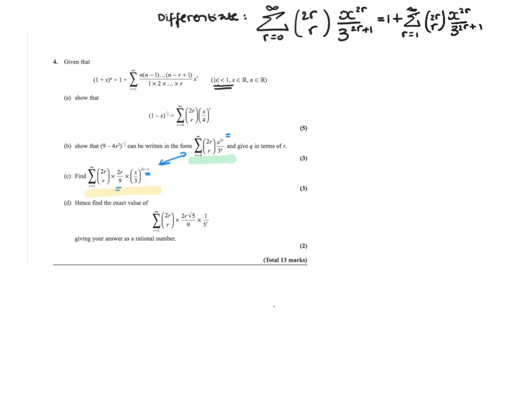Now, we're differentiating, so of course that will differentiate to give us 0. So we now only need to worry about this, and remember, in the question, what we're looking for starts with r equals 1, so we want our summation to start with r equals 1 as well. So differentiating with respect to x.